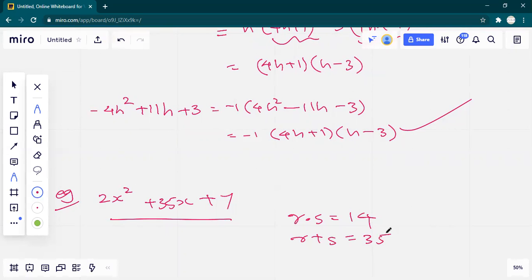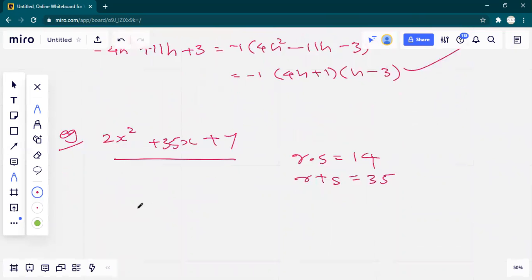Okay, let's look at that. Here the r times s and r plus s. First, how do we factorize 14? 14 can be written as 1 times 14, that's equal to 14, and r plus s is 15.